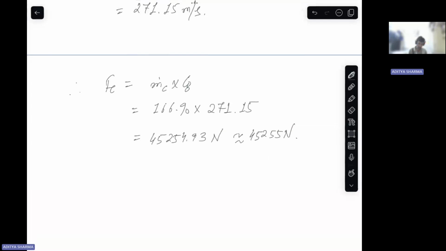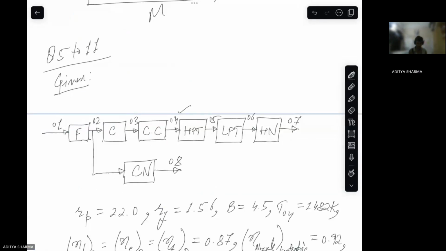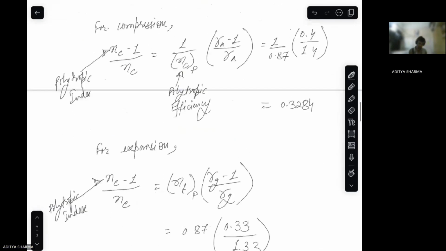So if you see high pressure turbine in your schematic, this is T05. So question asks for T05.